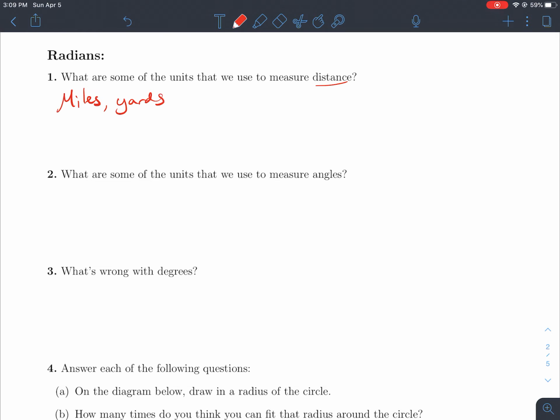Or if we were measuring the distance from the floor to the ceiling, we might find that feet would be a better choice. Or if we were measuring the distance maybe between two cells in biology class or something, we might find that feet is too large and we would use a different measurement.